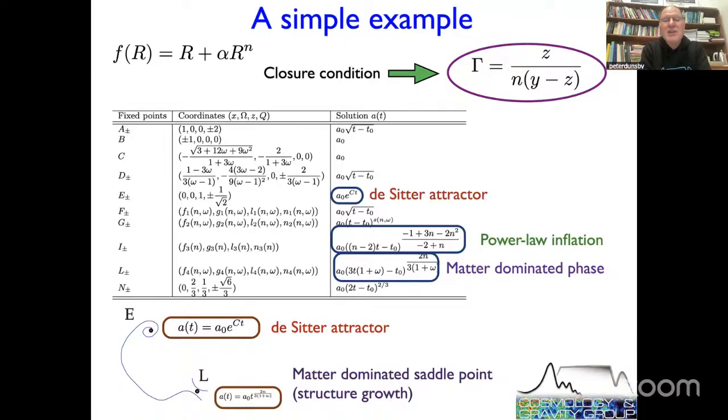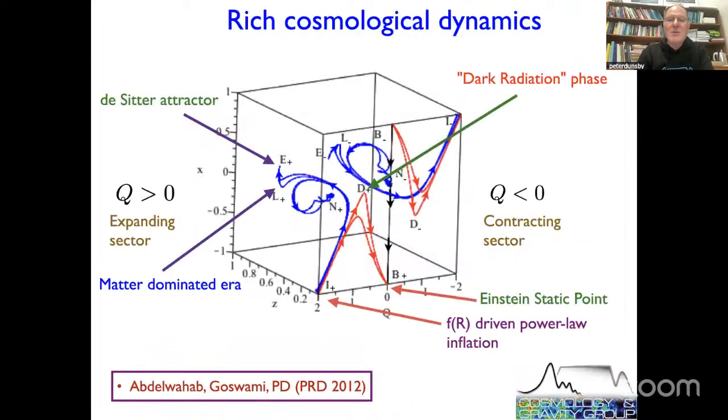power law inflation. So in this case, you can unify power law inflation with an intermediate matter-dominated era during which structure can form, and then you have your late time acceleration, which asymptotically evolves towards the de Sitter solution, or the de Sitter attractor.